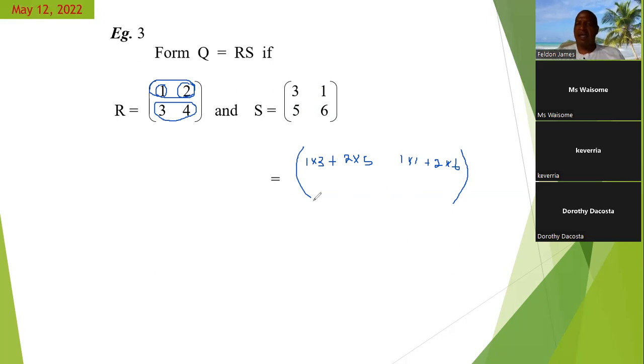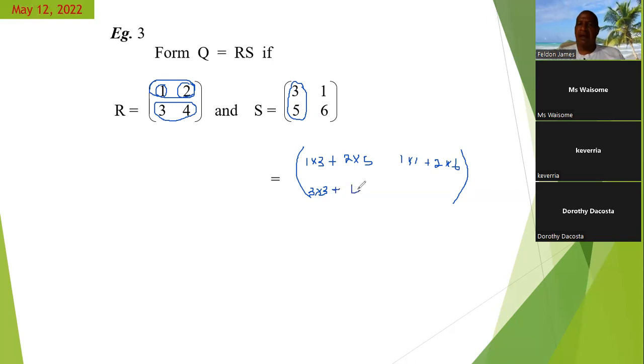So I'm going to ask Ms. Cabrera now to give me the calculation for the second row in the first matrix with the first column. So tell me what I should write down here, Ms. Cabrera. 3 times 3 plus 4 times 5.